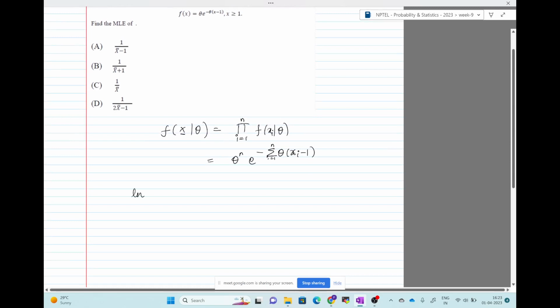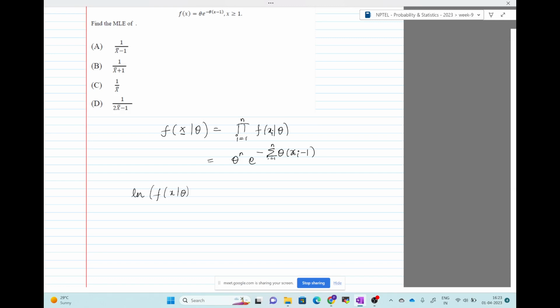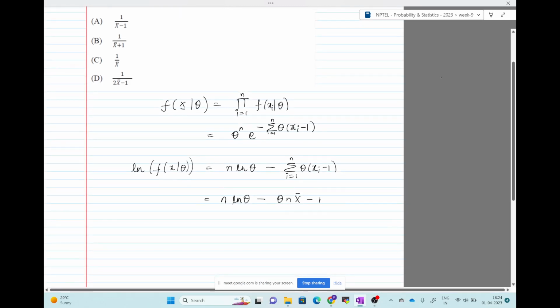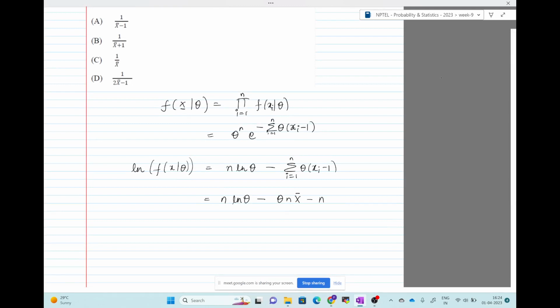So we can take log of this. What we will get is n ln theta minus this, which will be n times, because the answers are in terms of x bar. Summation xi will be n x bar.